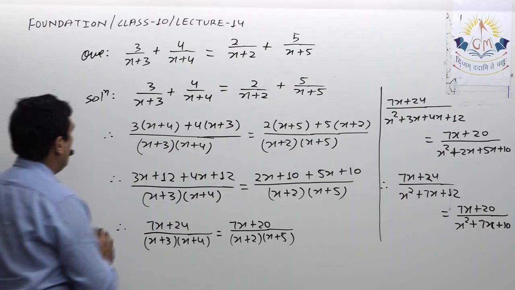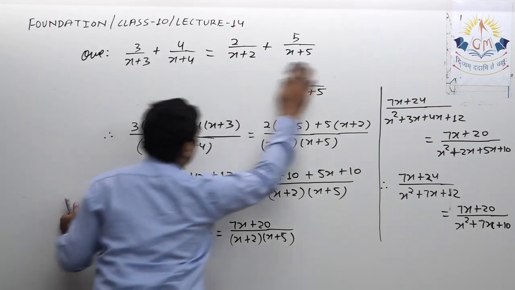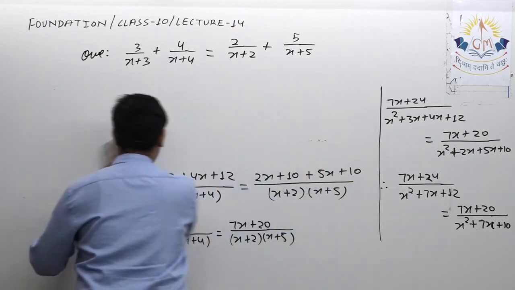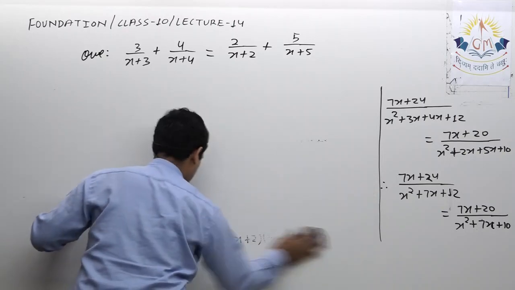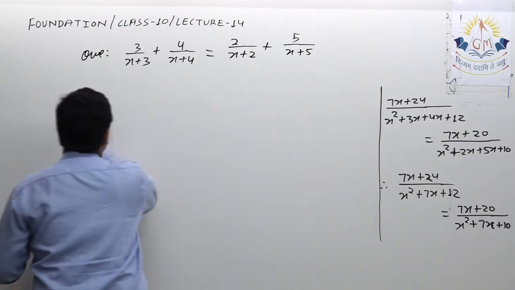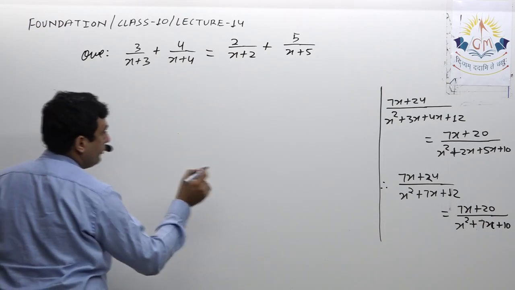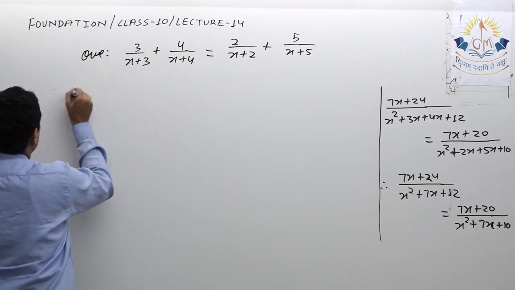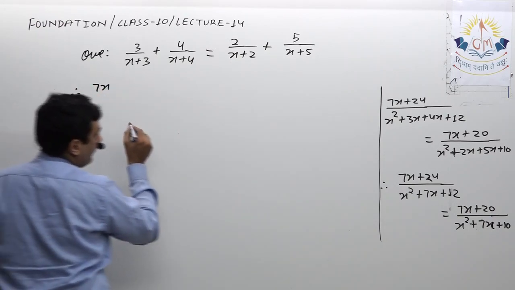Okay, now let us see how to solve it further. Here in the numerator we have 7x plus 24.